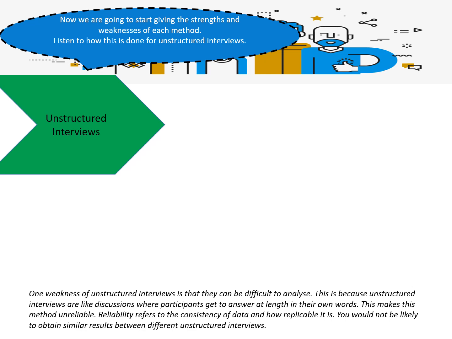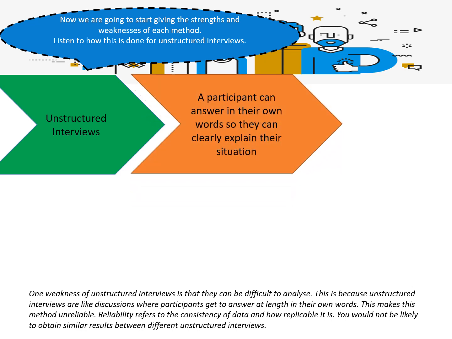So for these unstructured interviews, we need to say what a feature is. A participant can answer in their own words so they can clearly explain their situation. Can you see that then would lead to, well, it gives valid data? Because they can answer in their own words, they can give a true and accurate reflection of their social situation.